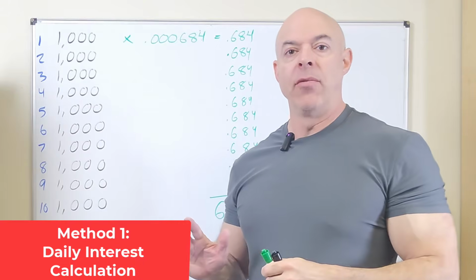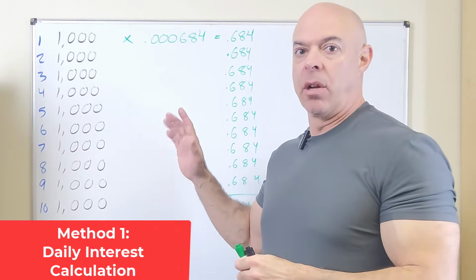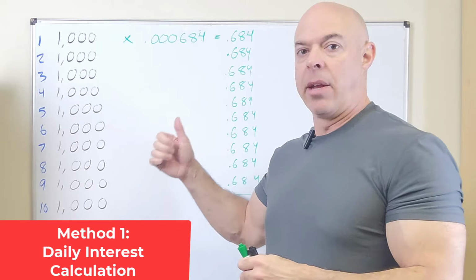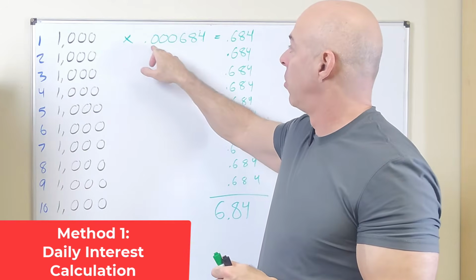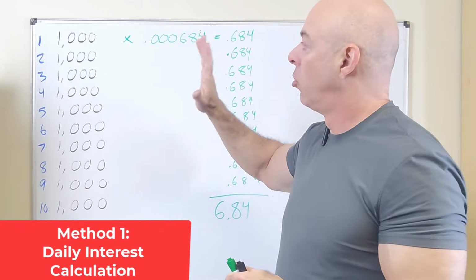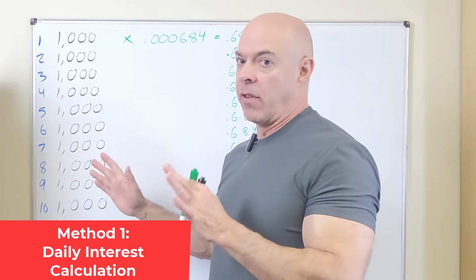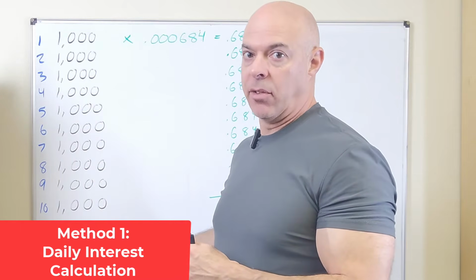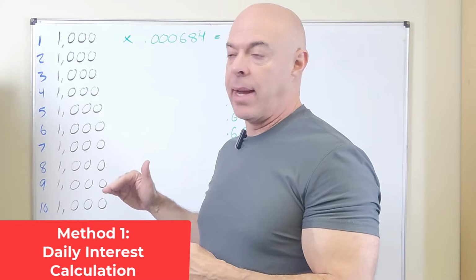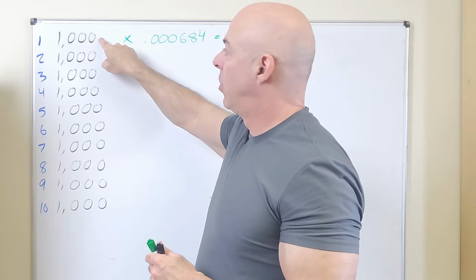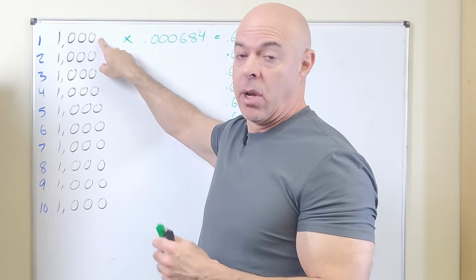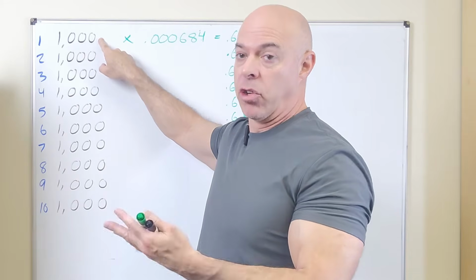Now I'll show you the first way we're going to calculate this. All right, so again, we're representing a 25% card, and we just did the math, and this is our factor for daily interest. For illustration, I'm going to show you 30 days, the balance on every day. So let's say that you have a balance on day one of $1,000. Either you carried it over or you purchased something.